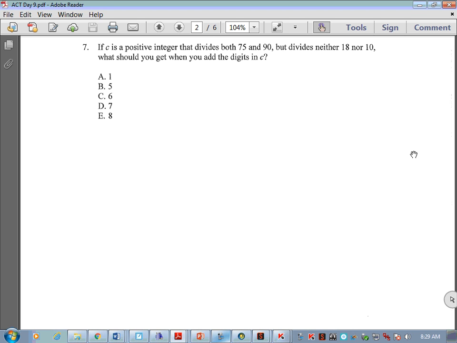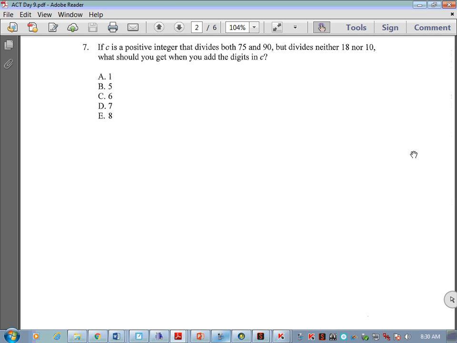Okay, well, let's start. We know it's a 2-digit number because I have to add the digits up, right? So we've got to start at least there. And obviously it can't be a 3-digit number because it can't fit into it, correct? All right, so let's start with the smallest 2-digit number, which is 10. Will 10 go into 75? No, okay? Let's go to 11. Will it go into 75? 12, 13, 14, 15.